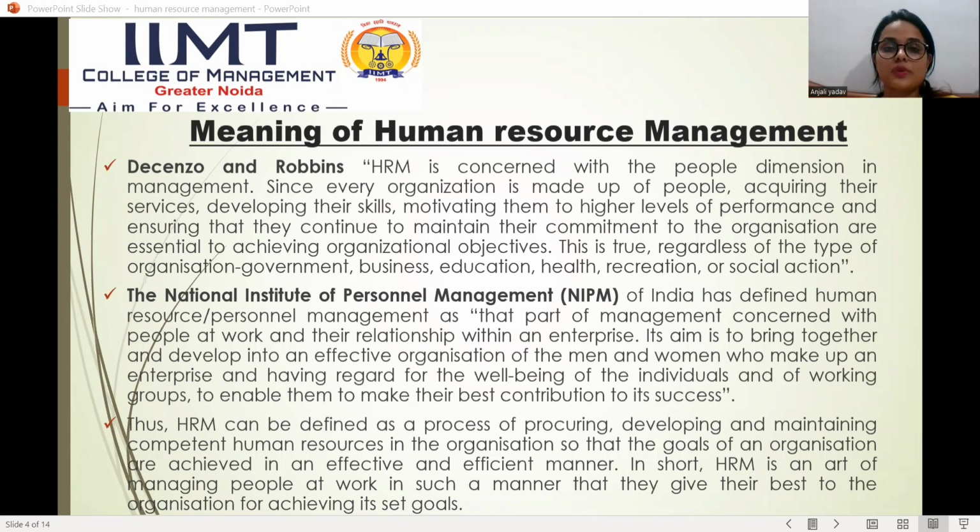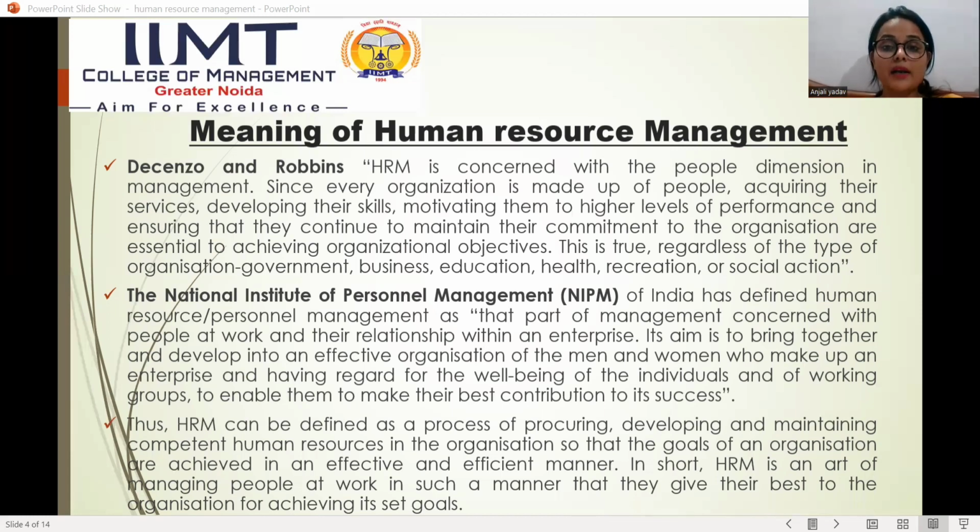Human resource management is a combination of 2 words, human resource and management. Human resource is the part of population having knowledge, skills, creativity, ability, talent, and perception, which is used by an organization for the attainment of its organizational objective.